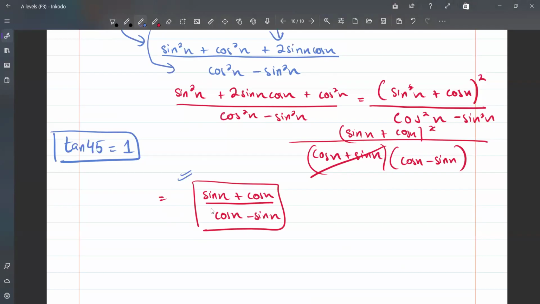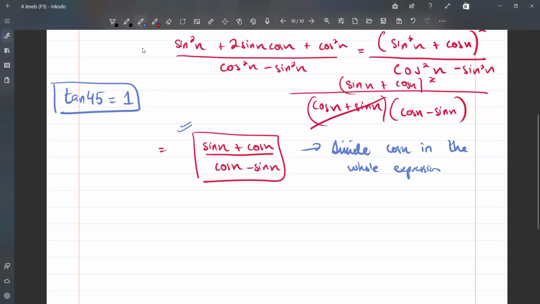So what we are going to do is divide by cos x in the whole expression. That way we're going to get 1 here. All right. So let's do that.